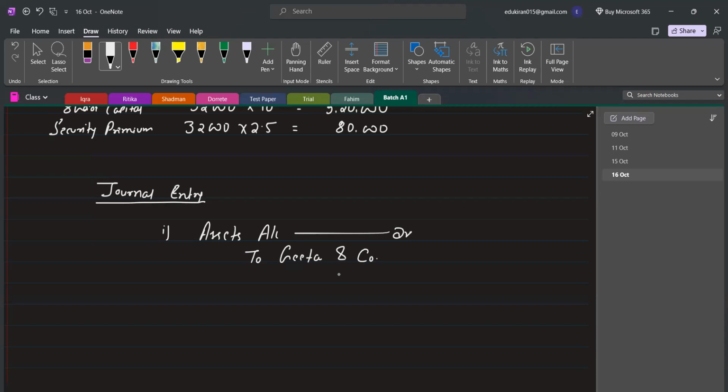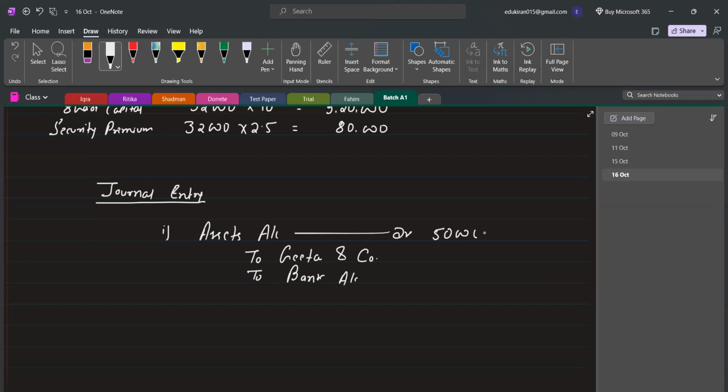Tell me, will the bank draft be written in the first or second entry? Second entry, sir. Second entry only, but we can write it here also, as a combined entry.